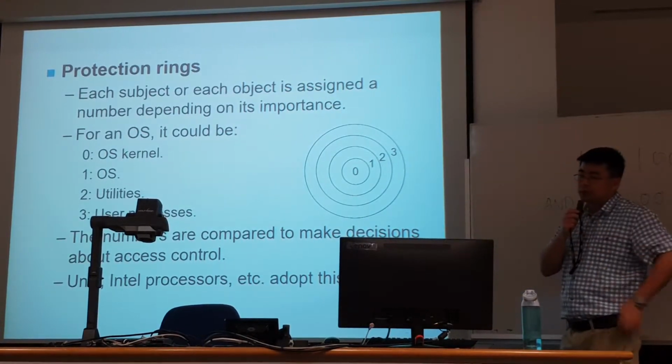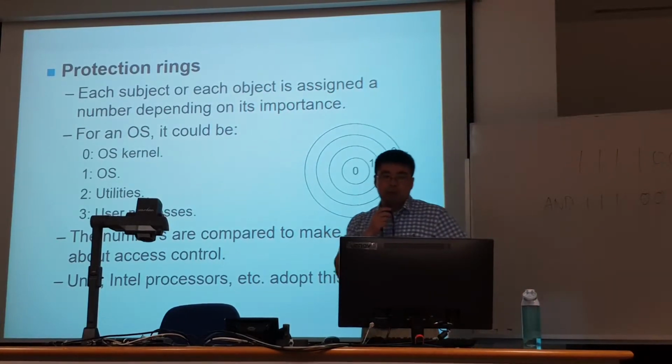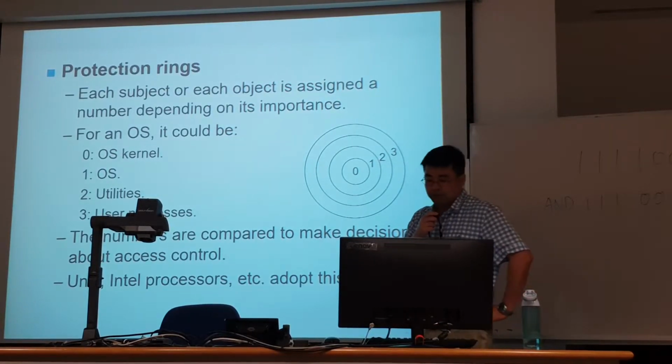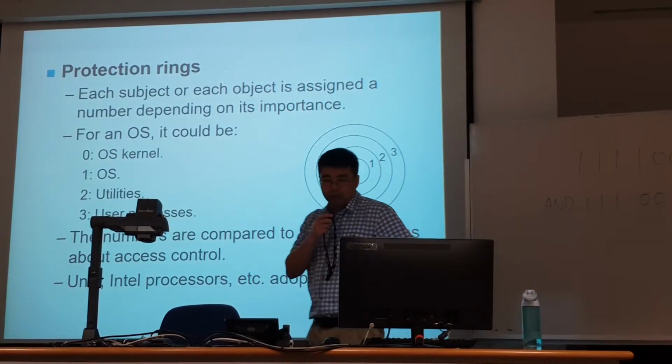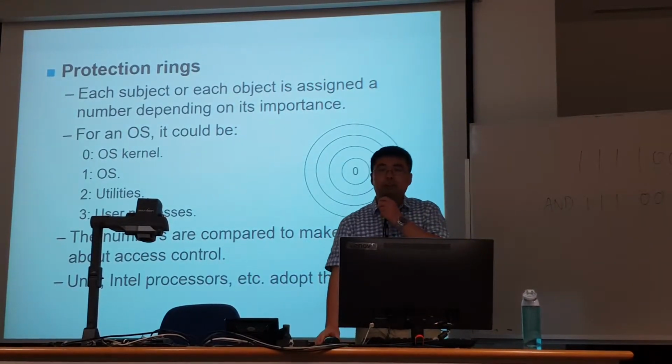So that's role-based access control, and then we can also do the access control based on the so-called protection rings. This is also used in operating systems. Right, so in this case we assign different permissions to different entities in the system.